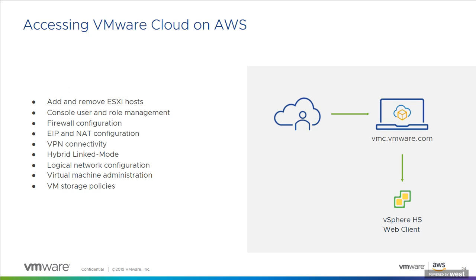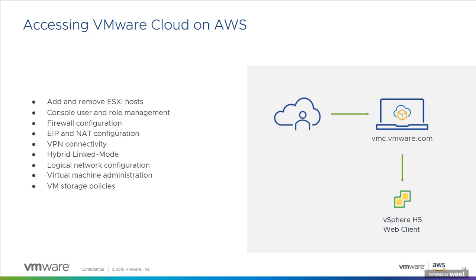We can utilize hybrid linked mode in order to get that single pane of glass view of your on-prem workloads as well as your VMC workloads. We've got things like logical networking, so if you wish to create new networks inside VMC, you've got full access to doing that.